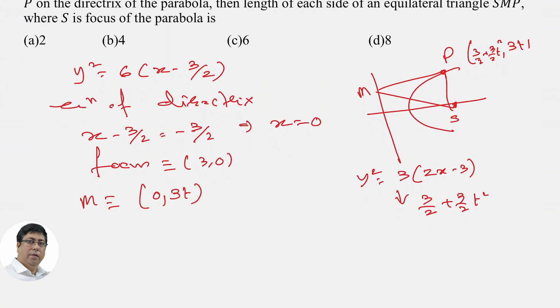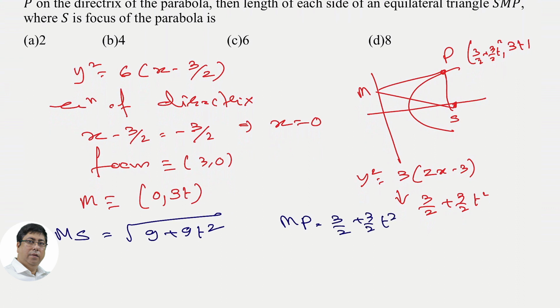Now we can say MS equal to what? The distance between S and M. So 3 square, it means 9 plus 9t square, and MP equal to 3 by 2 plus 3 by 2 t square.